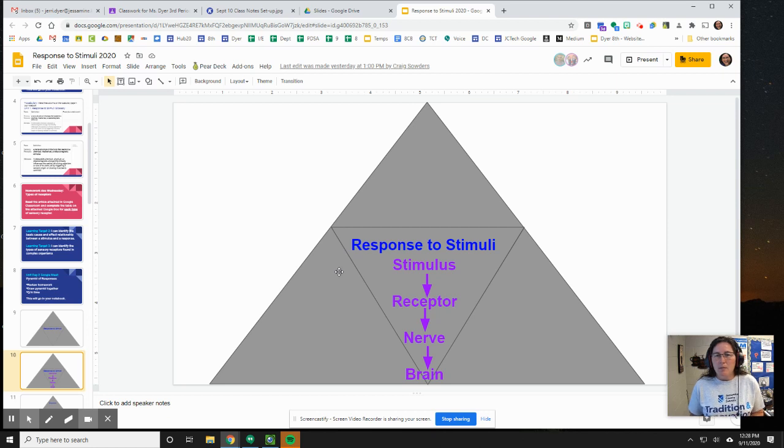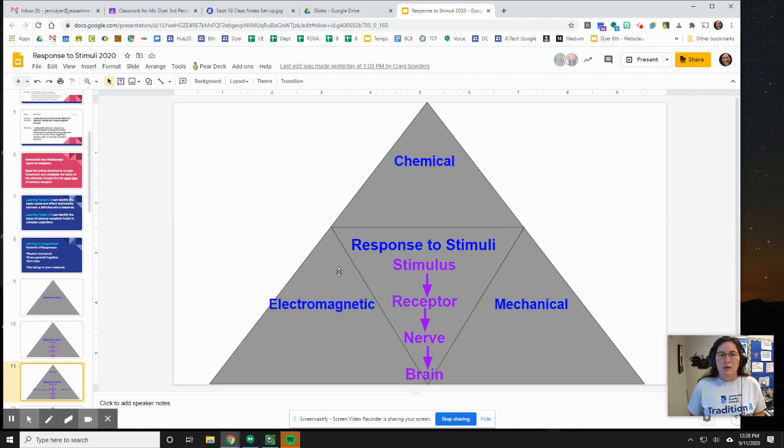Think for just a second. What are the three main types of stimuli? The three main types of stimuli are chemical, electromagnetic, and mechanical. Think for a second. What are the senses associated with a chemical stimulus?